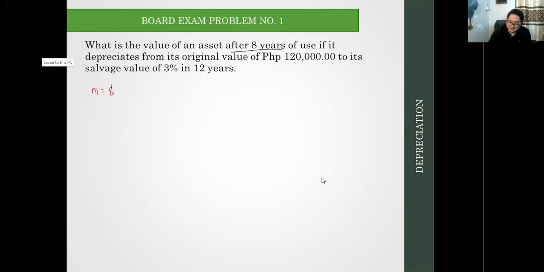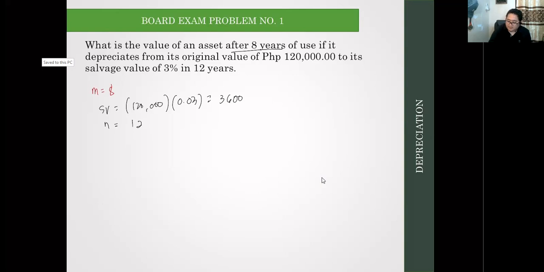So, what is that 3%? It is 3% of 120,000, so 120,000 times 3% or 0.03. That will be the salvage value. So, 3,600.